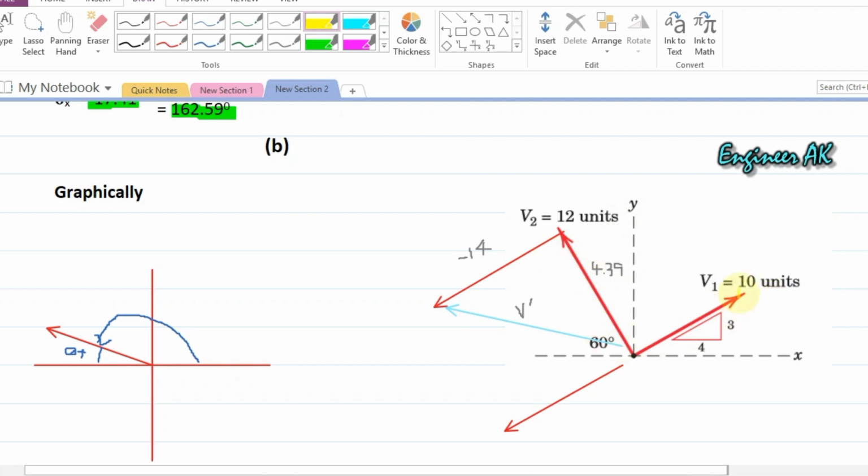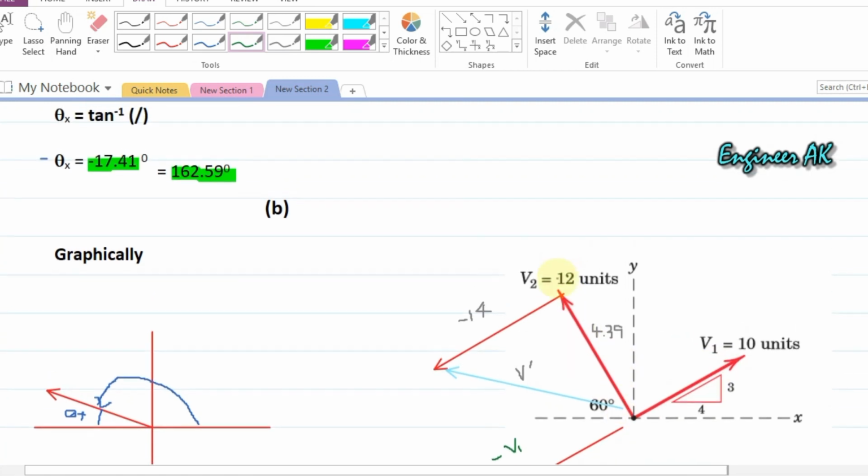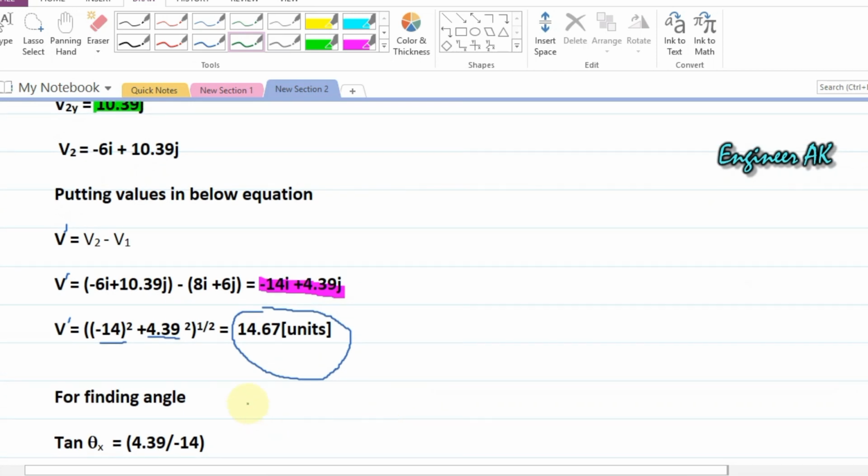If this is in the positive direction, and I draw one opposite to it, then it is minus v1. This one is minus v1, and this is v2.